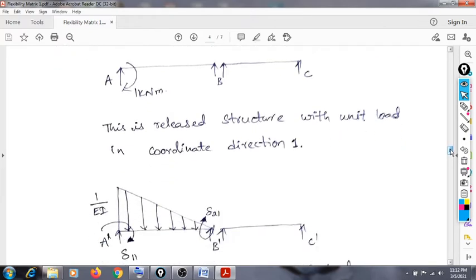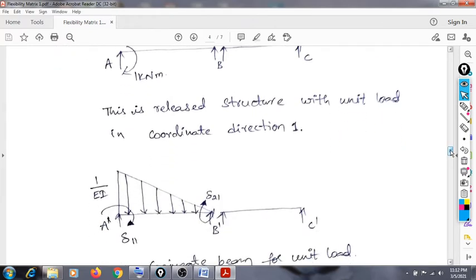Okay. So here if we have a unit force of 1 kN, we get the diagram like this. Okay, a triangle with M by EI diagram. We get the maximum as 1 by EI at this side and 0 here. That is delta 11 and delta 21.